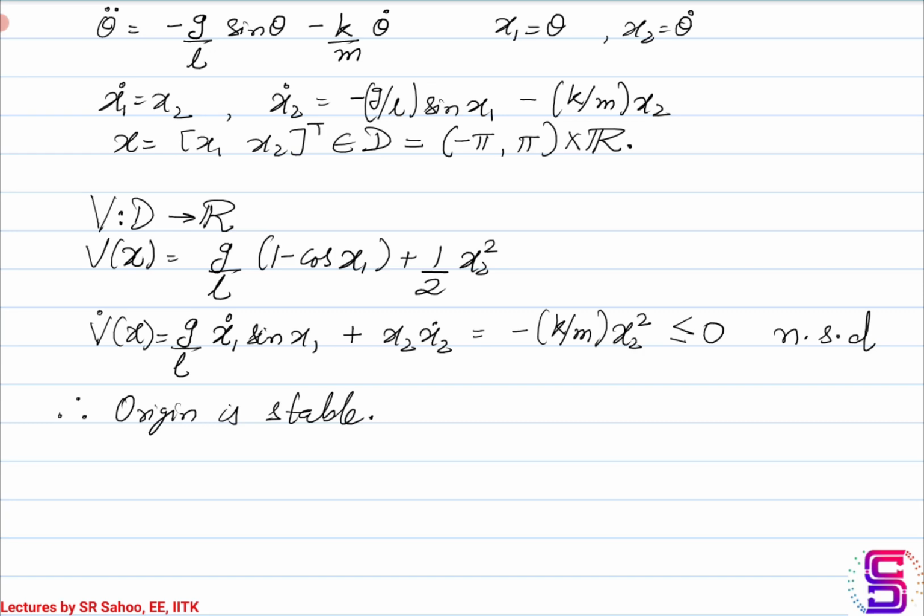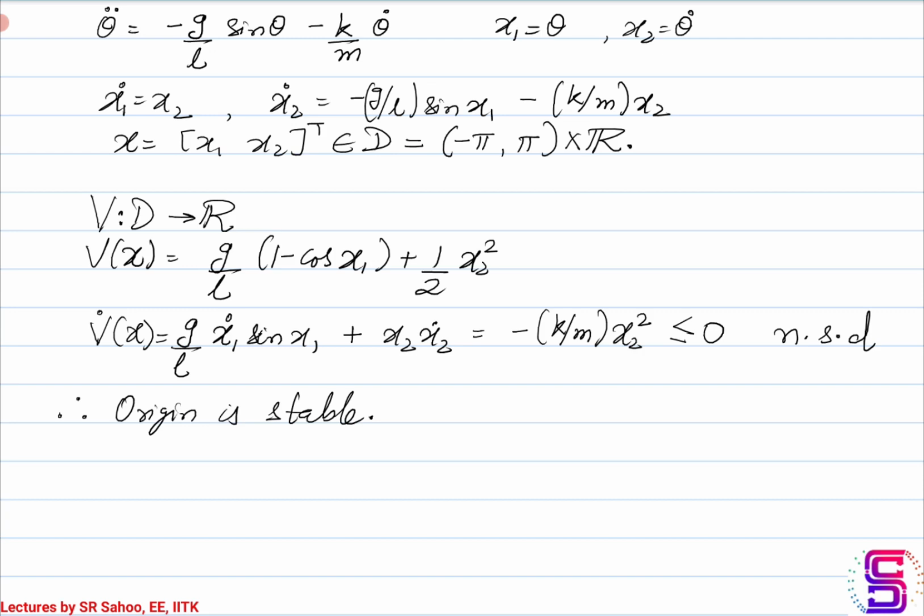So from the system and our experience with the system, we know that origin is going to be asymptotically stable, but with the chosen Lyapunov function, the only thing that we can conclude is origin is stable, because V dot is negative semi-definite, not negative definite.